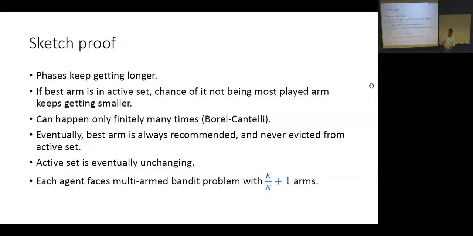And you can choose things in such a way that Borel-Cantelli applied. So you only make mistakes finitely many times. So that's the main thing. And so there's some last time at which you ever make a mistake, and after that, any recommendation you make is always that of the best arm. And so we just press through the populations.